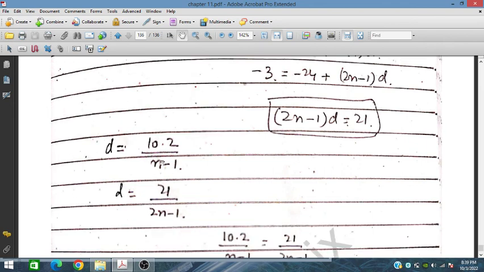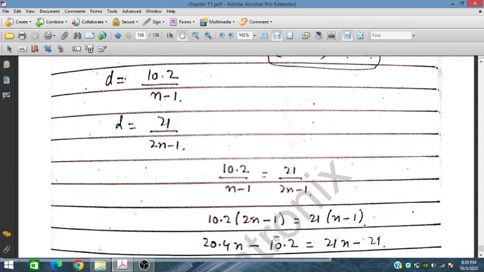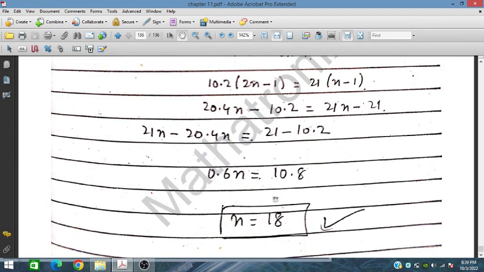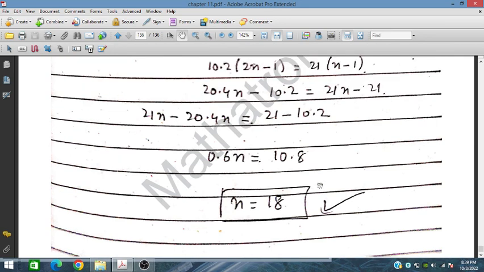So we can equate them: 10.2 divided by n minus 1 is equal to 21 by 2n minus 1. So this becomes this, and eventually n becomes 18. So this was a very important question, and it was asked in the final examination. This is all from chapter 11.